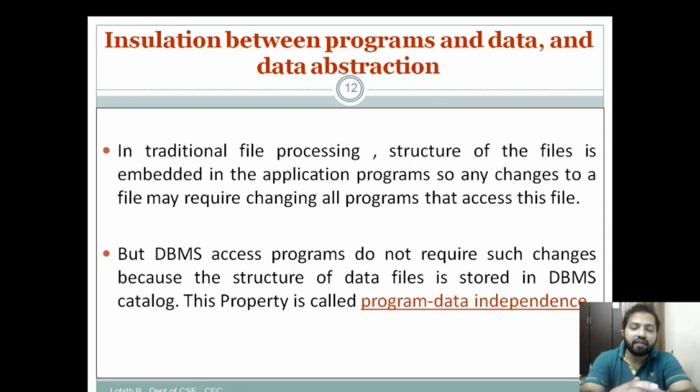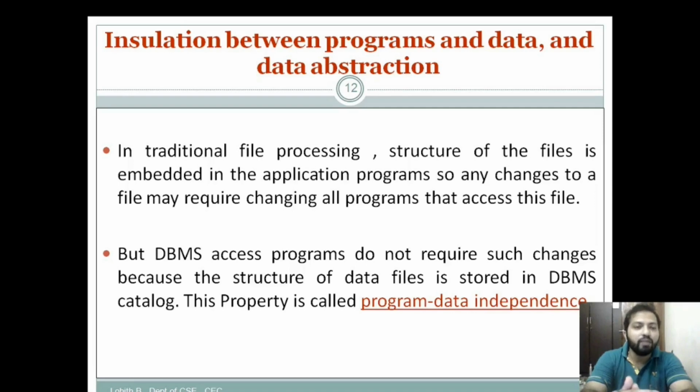The second characteristic of a database is insulation between programs and data abstraction. In the old traditional file processing, the structure of the file is embedded in the application program. Any changes we need to make to the file mean the entire application program needs to be modified.